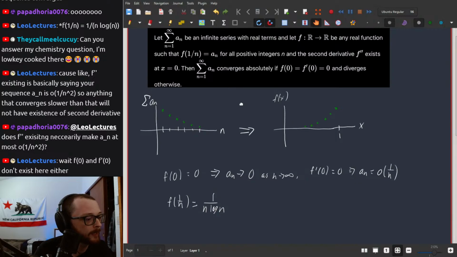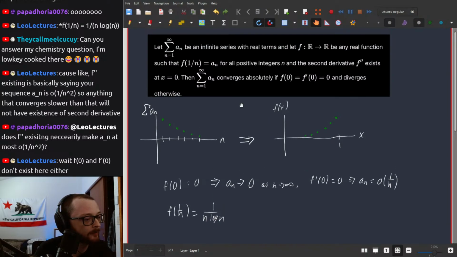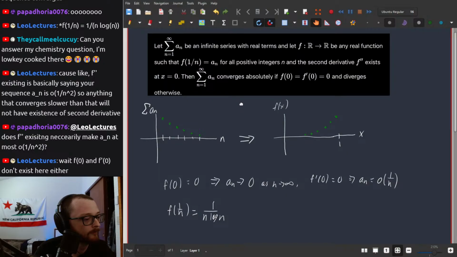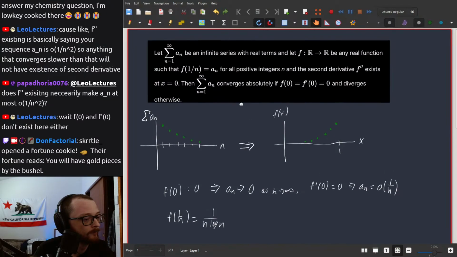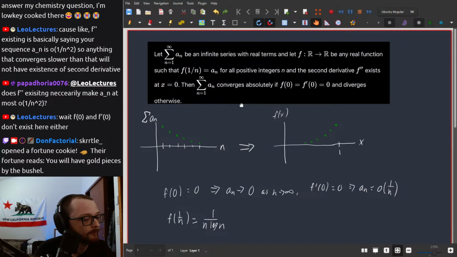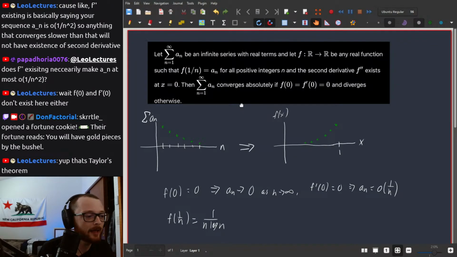F of 0 and f prime. Oh, you mean in this example? Okay, yeah. I was still trying to unpack why this is true. I assume it is a Taylor series thing, and same with f double prime.